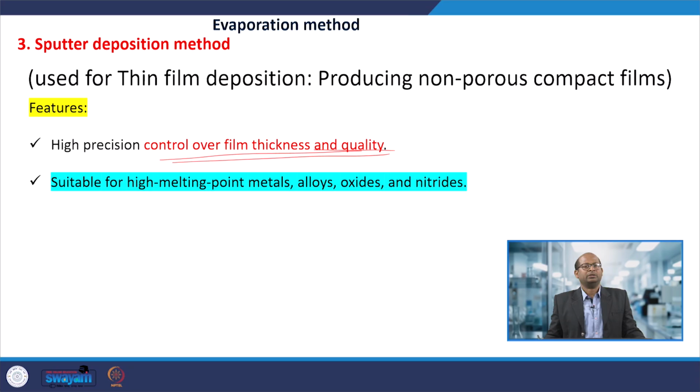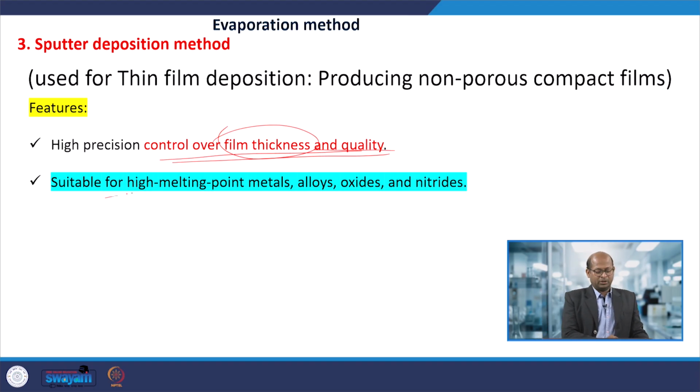Then we can prepare high quality material without any contamination. Film thickness, small or large, we can also control, for example for 2D type materials.